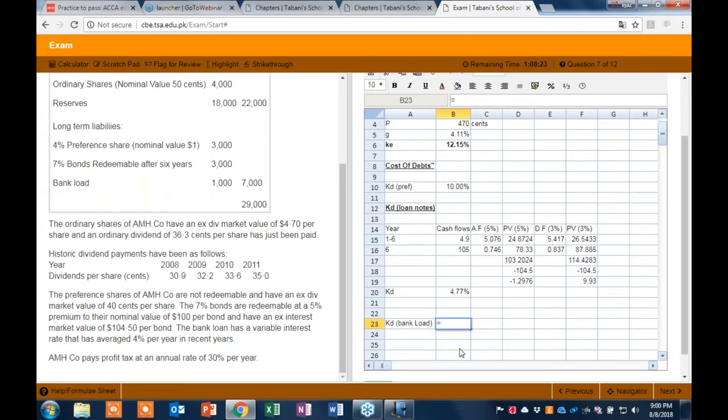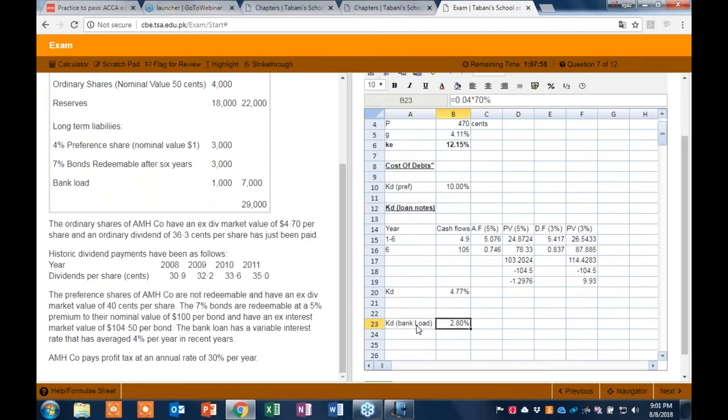And this will be the cost of debt, 2.8%. So remember, it's very easy to calculate the cost of debt of a bank loan. It will just be the interest rate minus the tax. So we've got three types of cost of debts, as we had three types of debts.